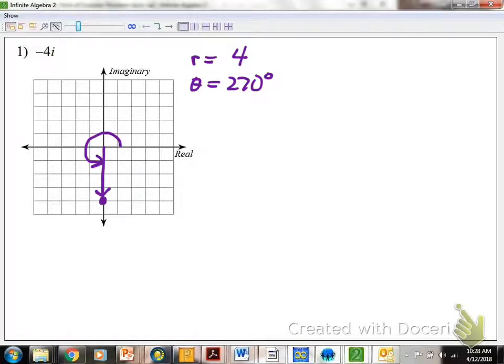So negative 4i in polar form is the radius, which is 4, times the cosine of 270 degrees, plus i times the sine of 270 degrees.